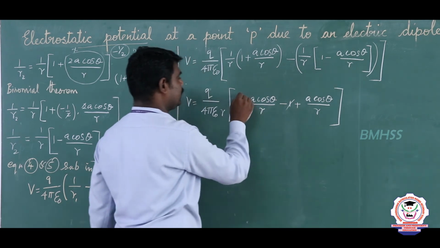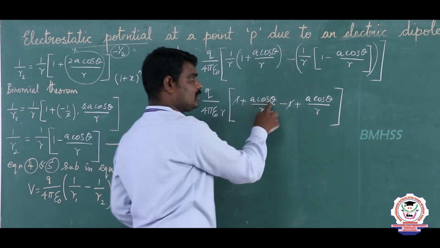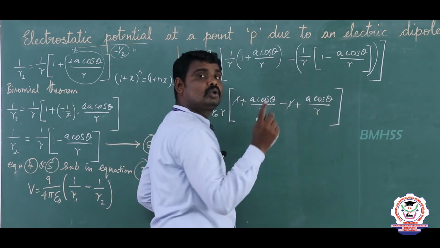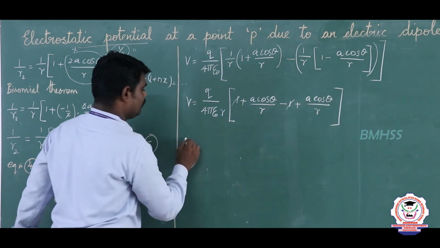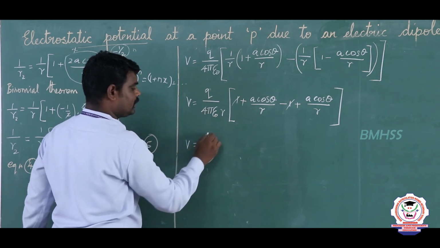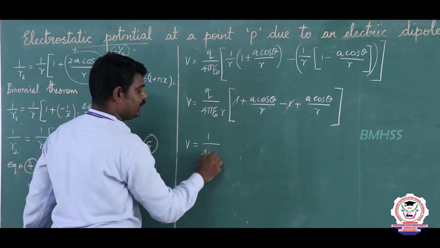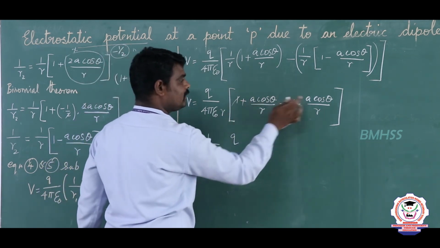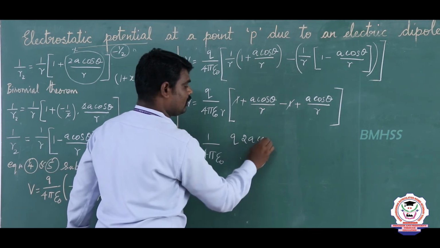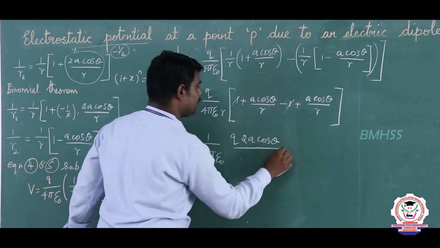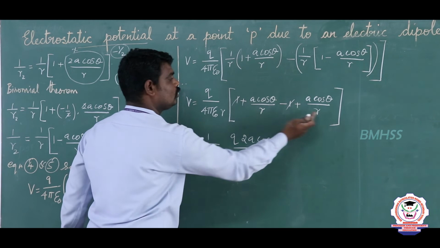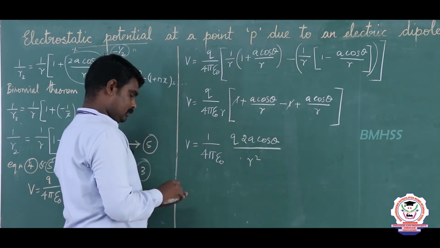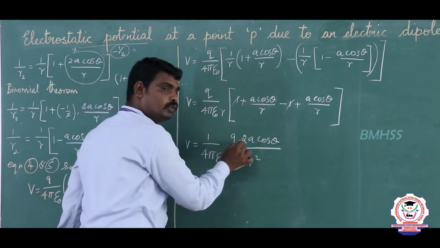The plus and minus 1 cancel, remaining A cos theta by R plus A cos theta by R, so 2A cos theta. So V is equal to 1 by 4 pi epsilon naught, Q into 2A cos theta divided by R into R, a common R, so R square.